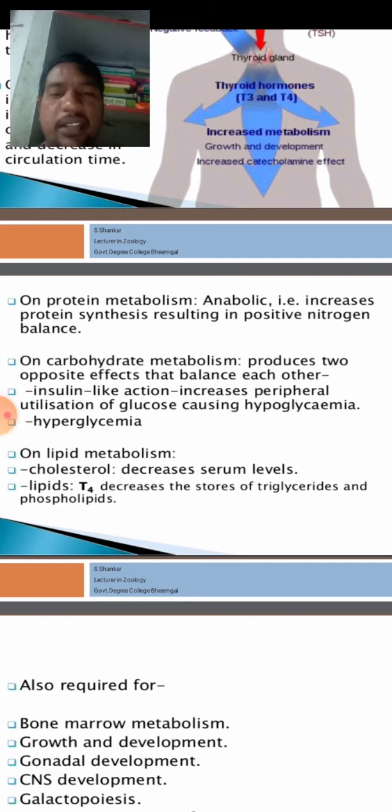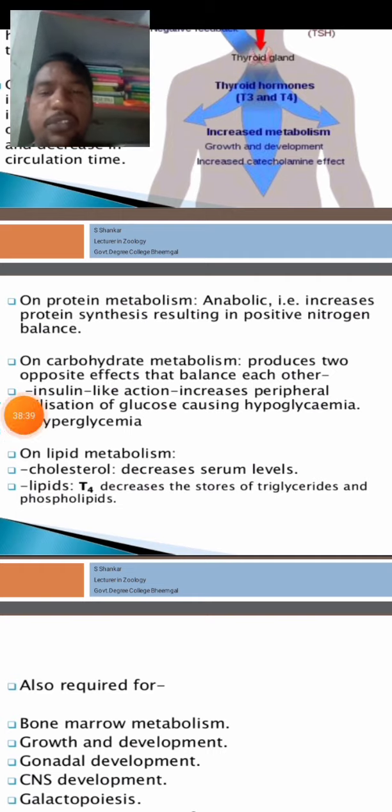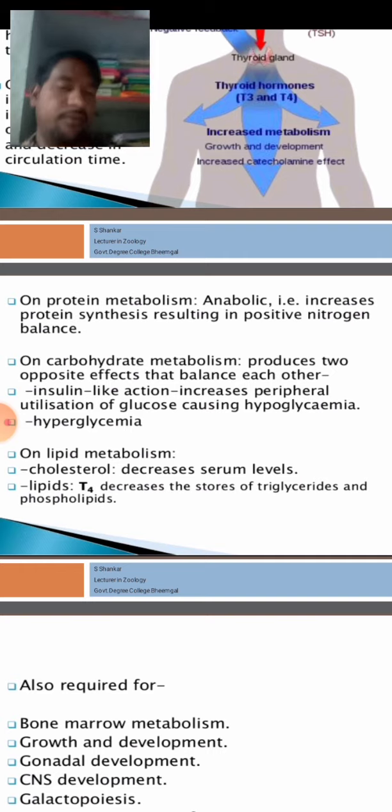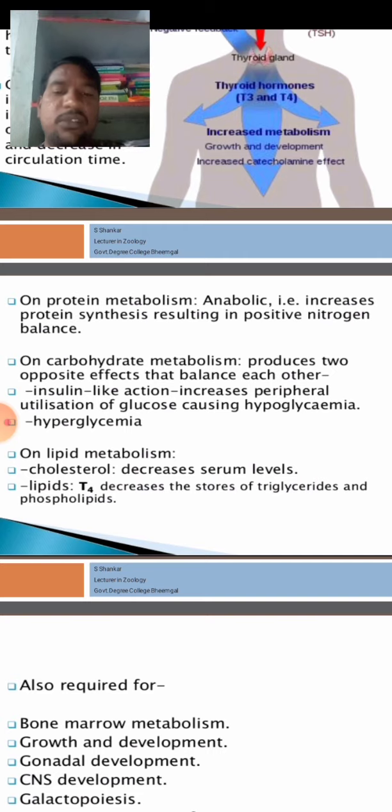On carbohydrate metabolism, two opposite effects balance each other: insulin-like action, increases peripheral utilization of glucose, causing hypoglycemia and hyperglycemia.